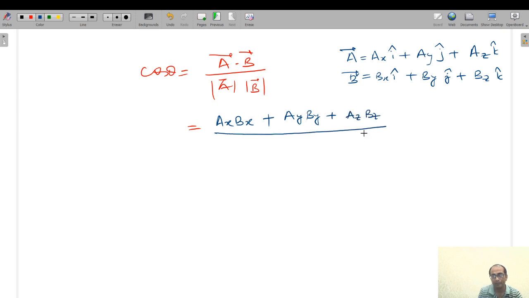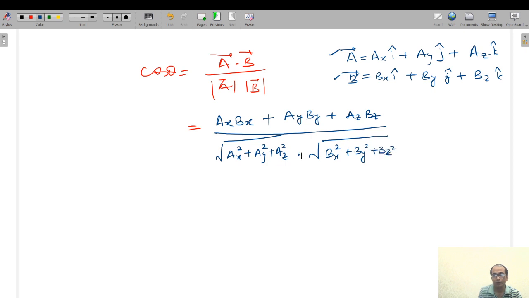Their magnitudes we saw in the last session: the magnitude of A is the square root of AX square plus AY square plus AZ square, and the magnitude of vector B is the square root of BX square plus BY square plus BZ square.